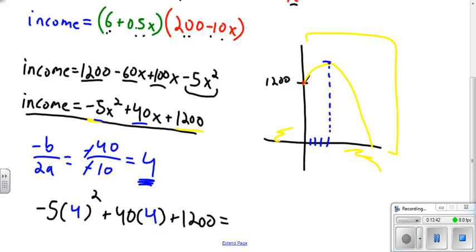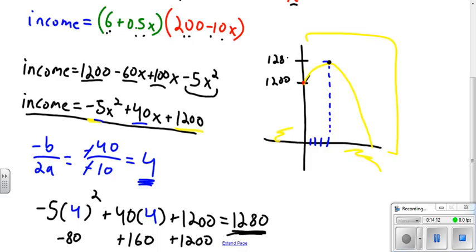So 4 squared is 16 times negative 5 leaves us with negative 80. 40 times 4, positive 160, and still plus our 1200. The negative 80 and the 160 comes down to just a positive 80. So we have 1200 plus 80, which leaves us with 1280 as that y value. So right here is at 1280.